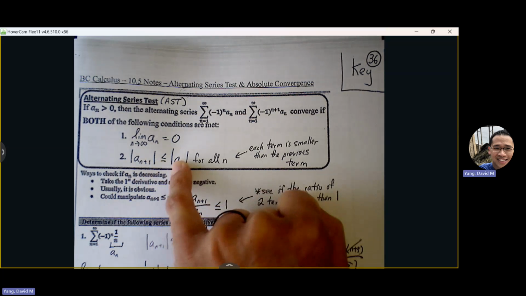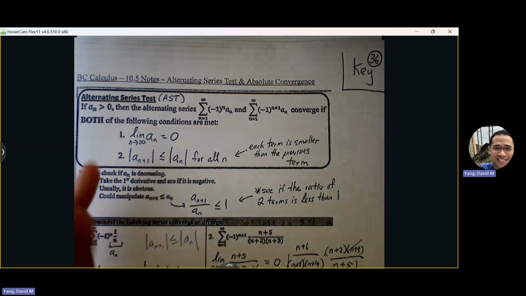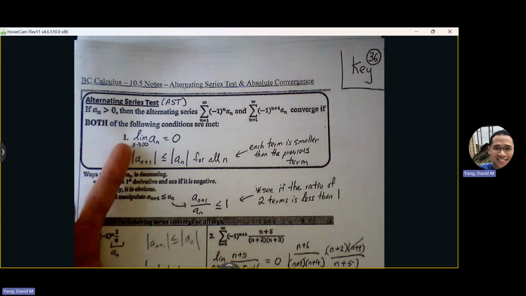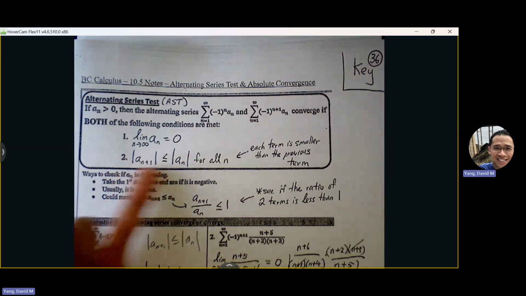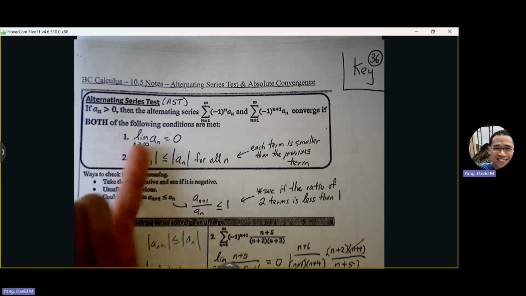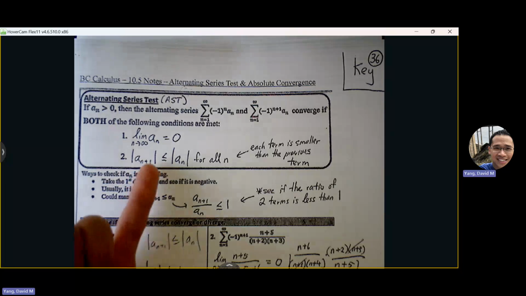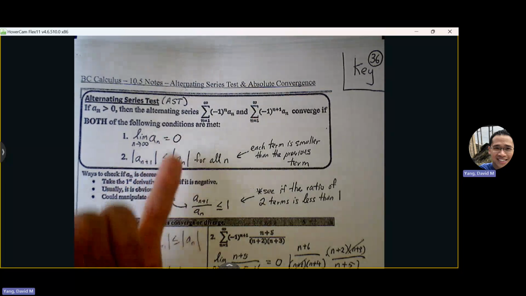This second condition is saying that the absolute value of a sub n plus 1 is less than or equal to a sub n. Each term is smaller than the previous term. And it feels as if we have the first condition met, then the second one should go hand in hand. But I think there is maybe an obscure situation where it fulfills the first condition, but not the second.